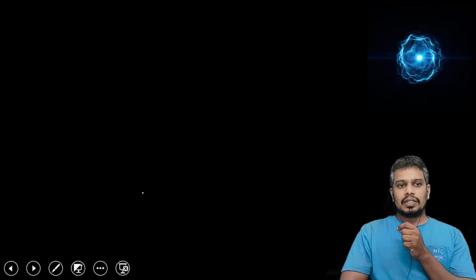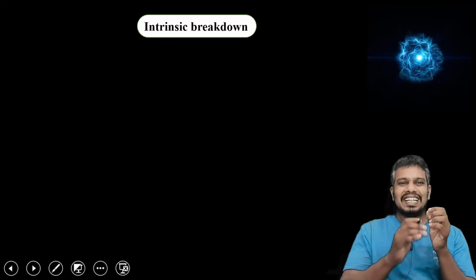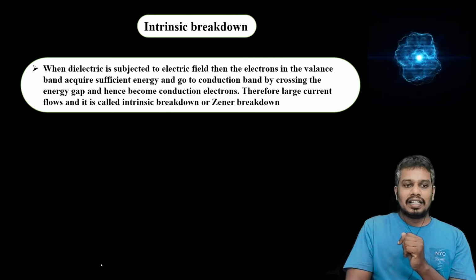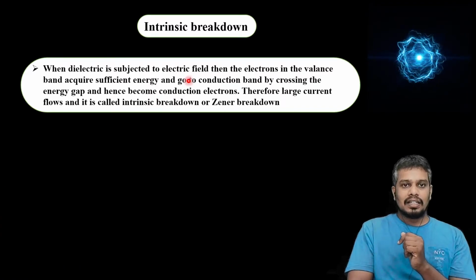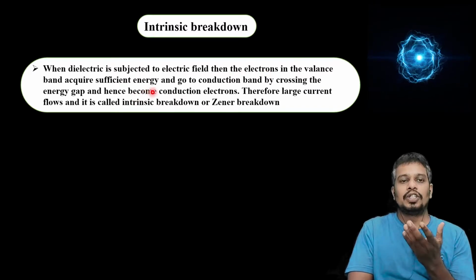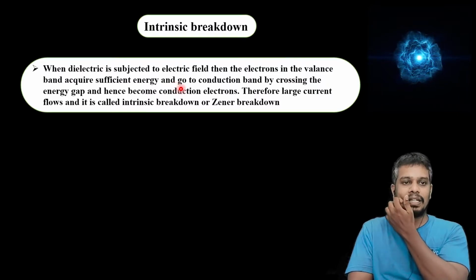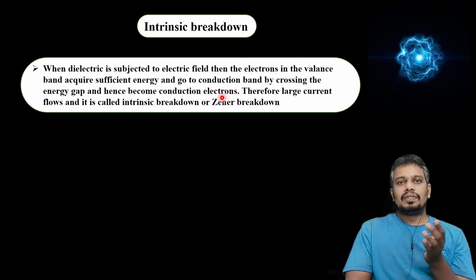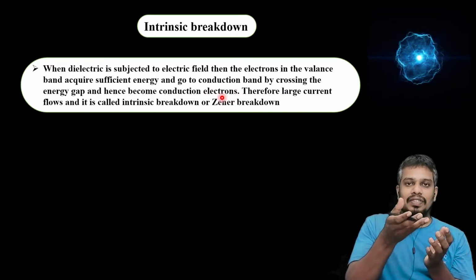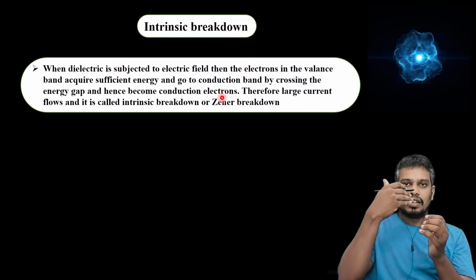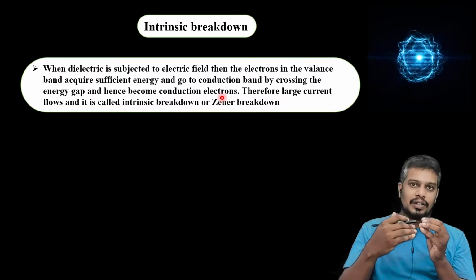The first one, we can ask the question: what is the intrinsic breakdown? In general, when the dielectric is subjected to the external electric field, the electrons in the valence band acquire a sufficient amount of energy to cross the energy gap and go to the conduction band, and become conducting electrons. Therefore, as you increase the external electric field beyond the critical field, more and more valence electrons go to the conduction band.